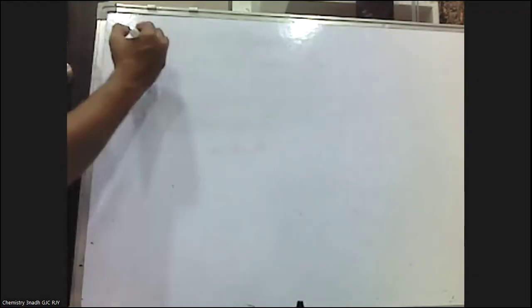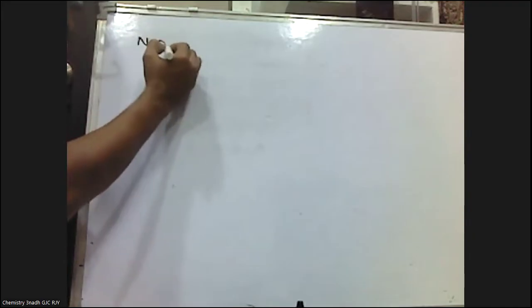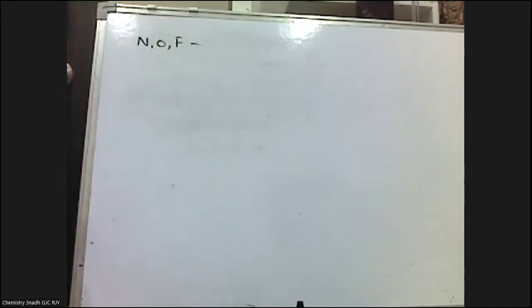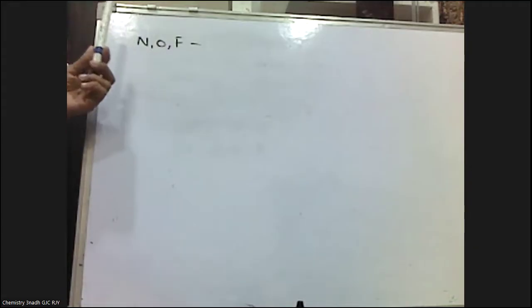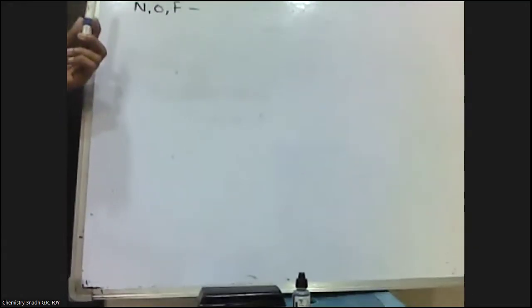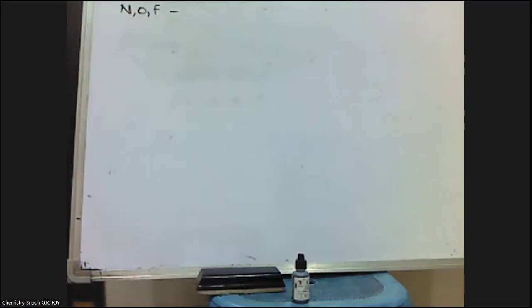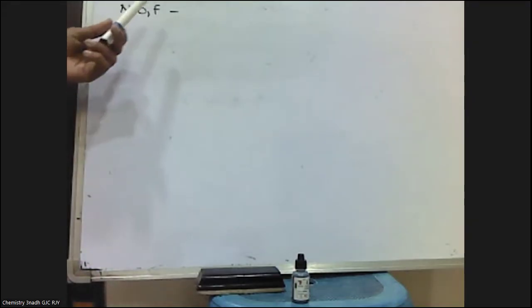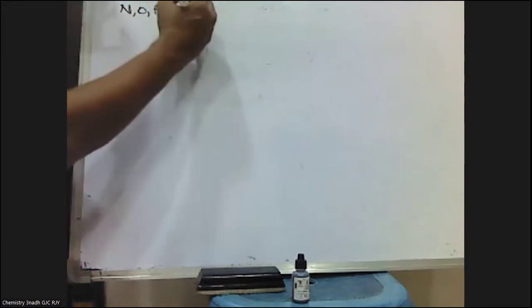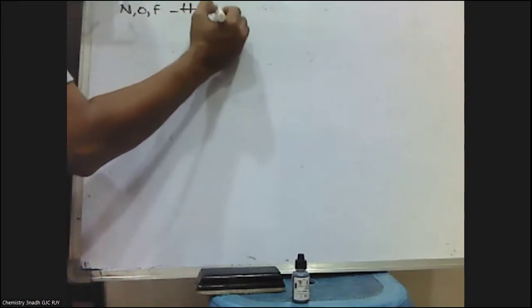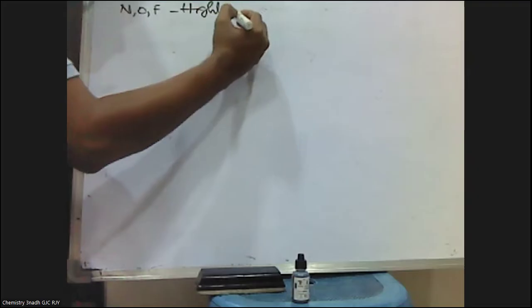So we know nitrogen, oxygen, fluorine. Fluorine is the element with the highest electronegativity. Nitrogen, oxygen and fluorine are the highly electronegative elements.